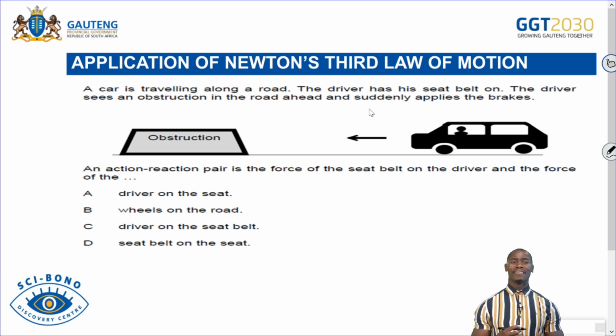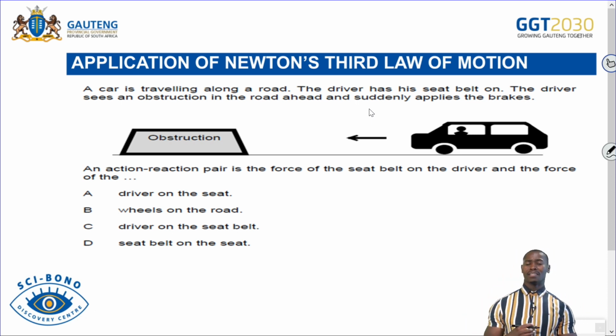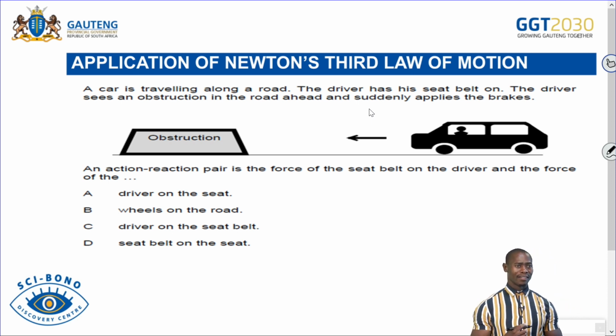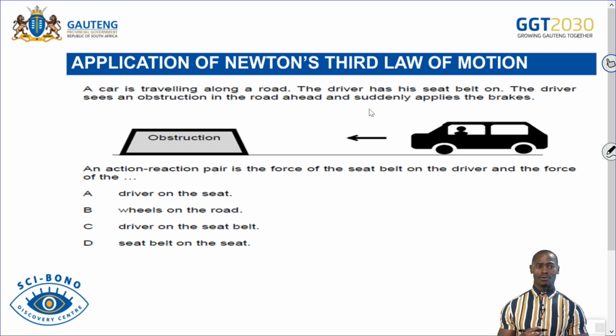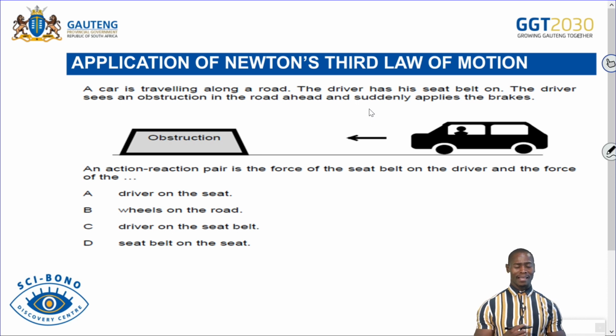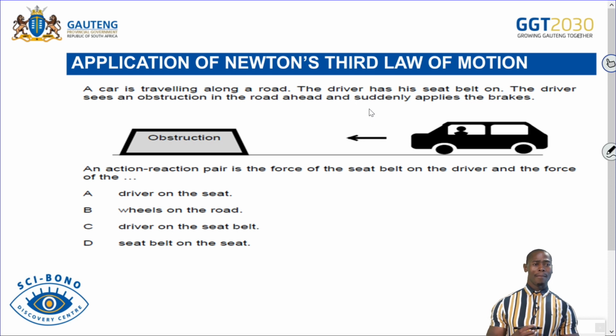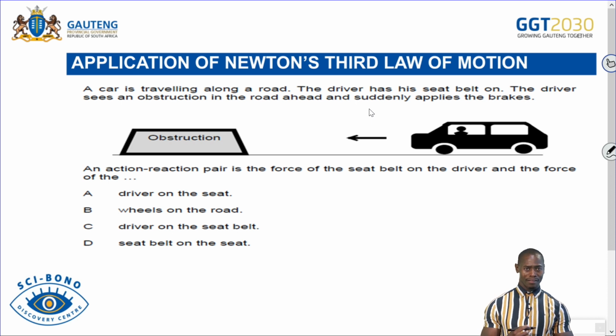So a car is traveling along a road. The driver has his seat belt on. The driver sees an obstruction in the road ahead and suddenly applies the brakes. An action-reaction pair is the force of the seat belt on the driver.